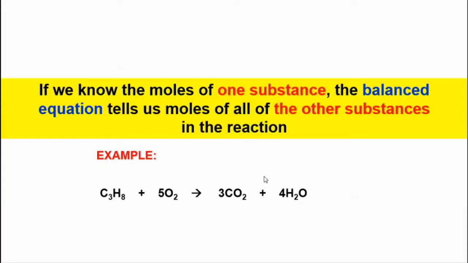Okay, so from this equation, we know that 1 mole of propane reacts with 5 moles of oxygen gas to produce 3 moles of carbon dioxide gas and 4 moles of water.